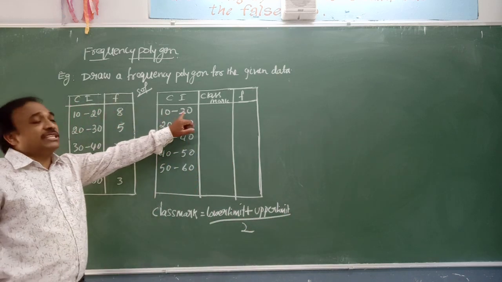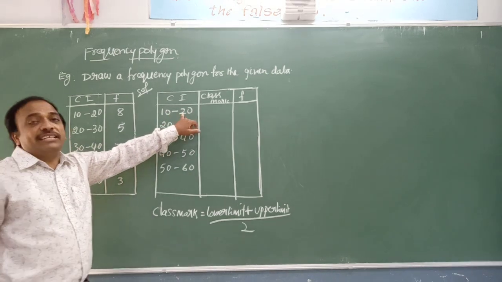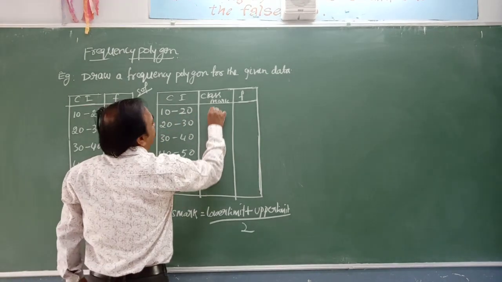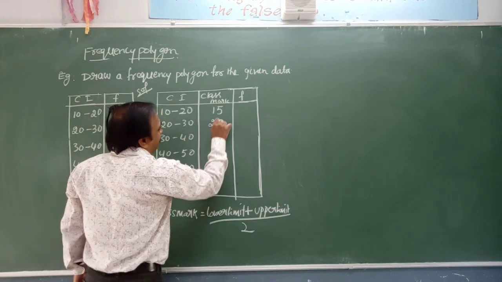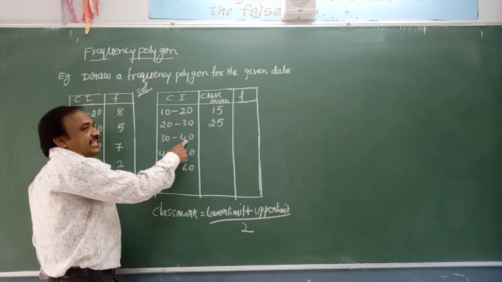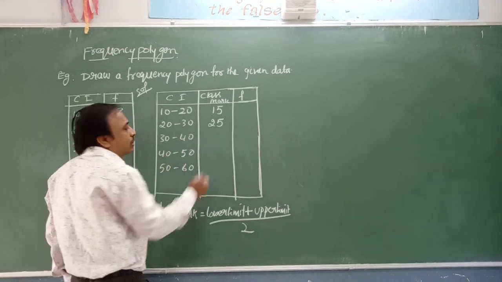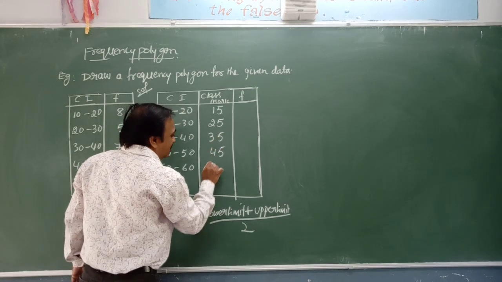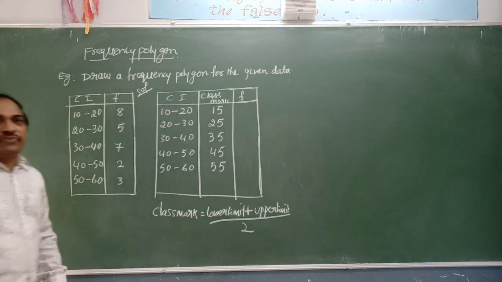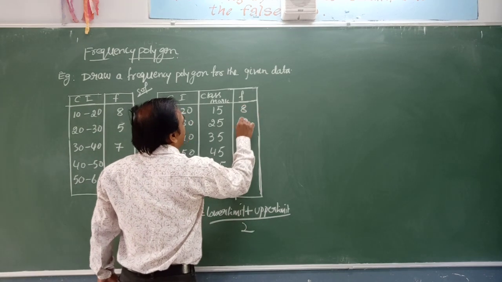So 10 plus 20 is 30, 30 divided by 2 is 15. Next, 20 plus 30 is 50, so 25. Next, 30 plus 40 is 70, 70 divided by 2 is 35. Next 45. Next 55. Now the frequencies 8, 5, 7 are as given in the question.